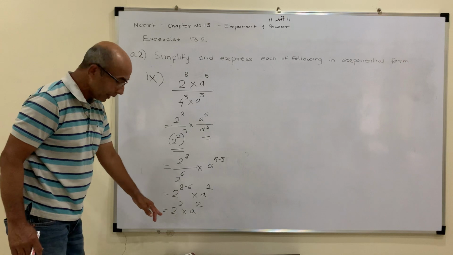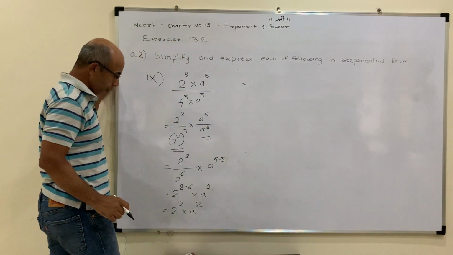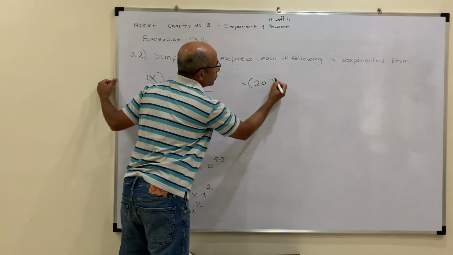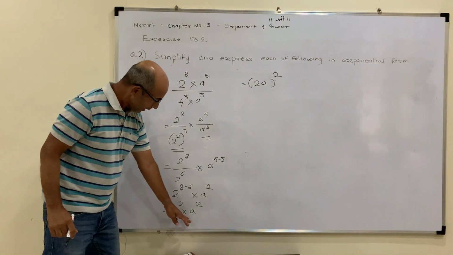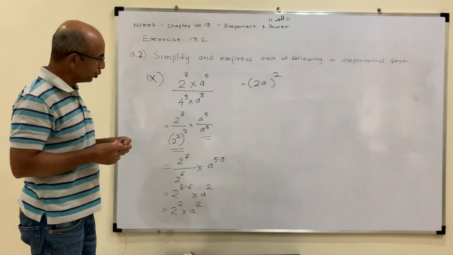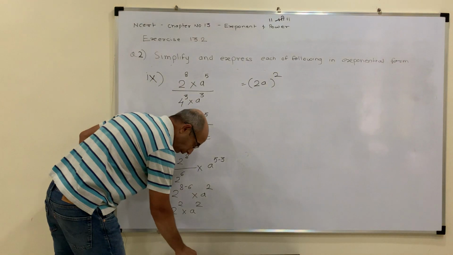Now here we can rewrite this as we have seen before, 2 raised to 2, a raised to 2, we can write it as 2a raised to 2. Now let's move on to the 10th one.